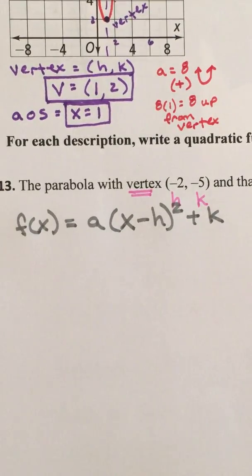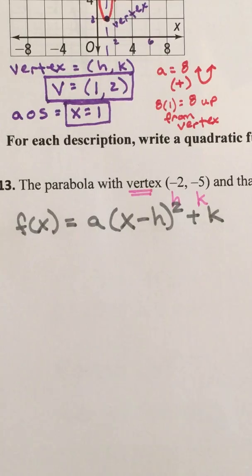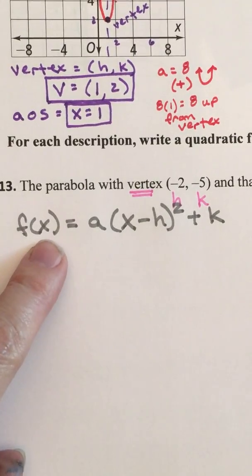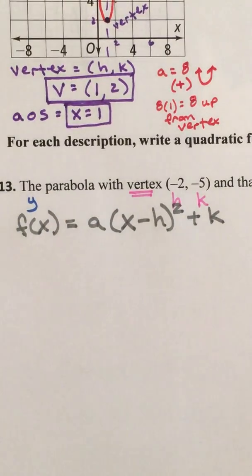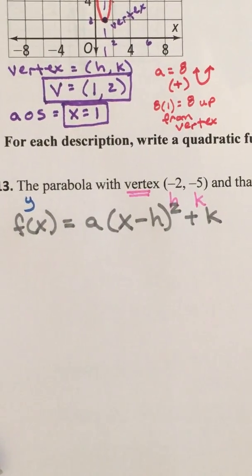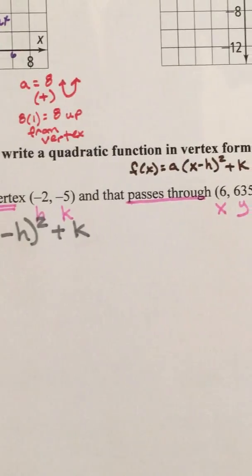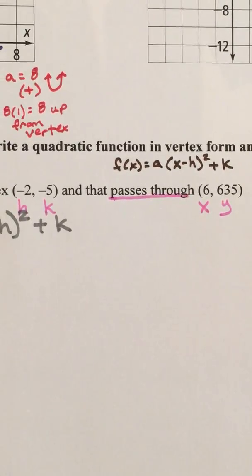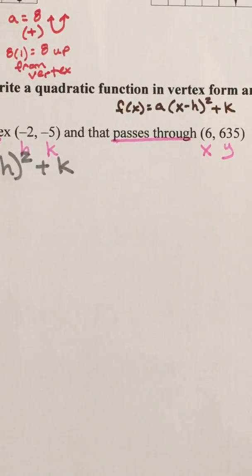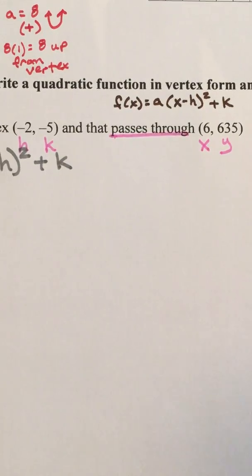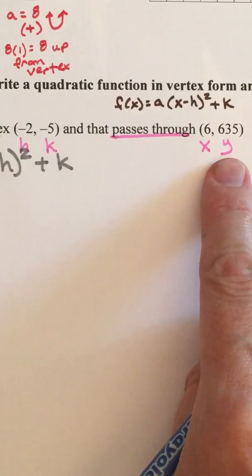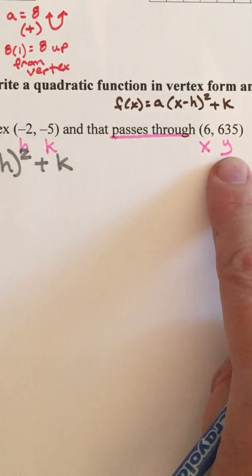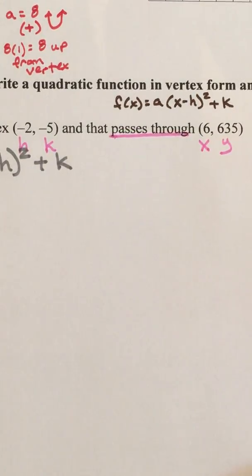All right, let's fill in the blanks. What's going in for f of x? Y. Yeah. So of my two coordinate points, here they are, which number is in the y location? Oh, there it is. Whoa, 635. That's huge. That's okay.